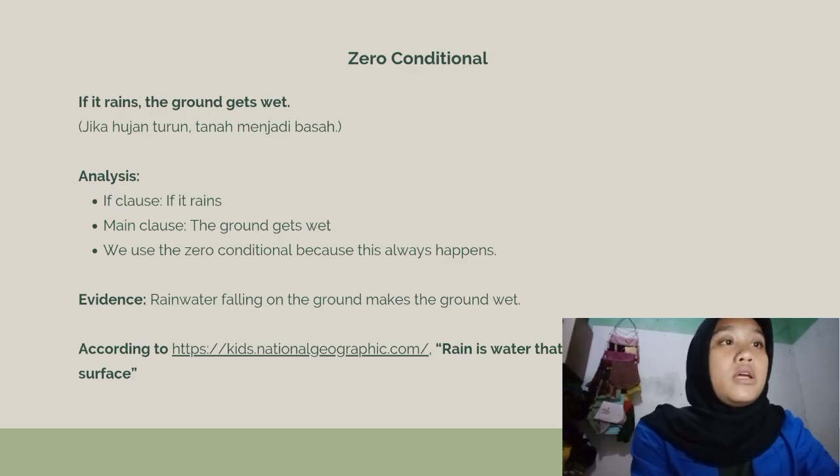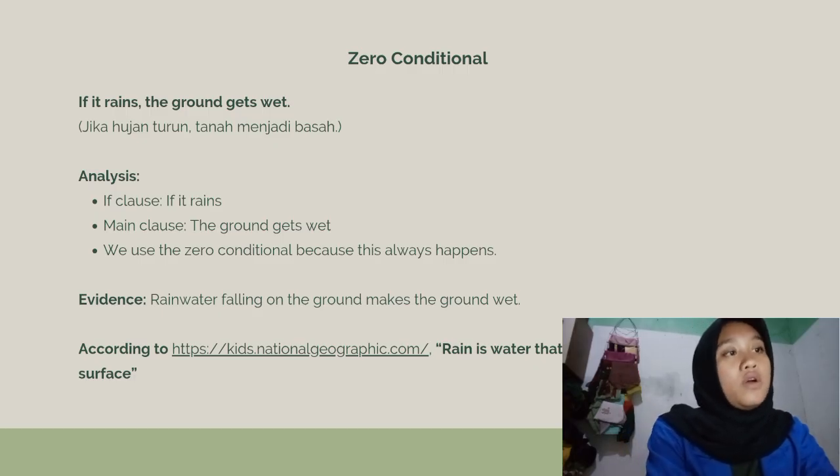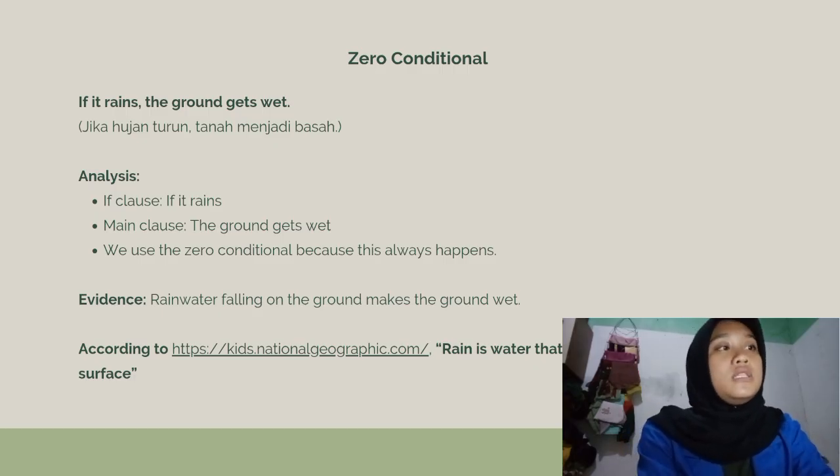The evidence is that rainwater falling on the ground always makes the ground wet. This is supported by National Geographic Kids, which states that rain is water that falls from clouds to Earth's surface. So, whenever it rains, the ground will always get wet. That is why we use zero conditional.